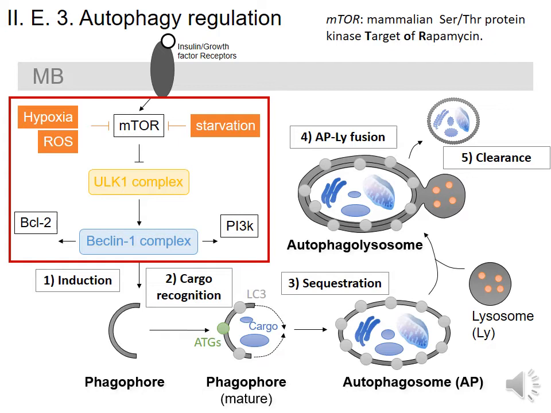This is a system. So Beclin is responsible for controlling and modulating the formation of the phagophore and the other parts of autophagy. But Beclin is also a protein that interacts with BCL2 family members as well as the phosphoinositol 3 kinase, playing also a critical role in the regulation of not only autophagy but also cell death.